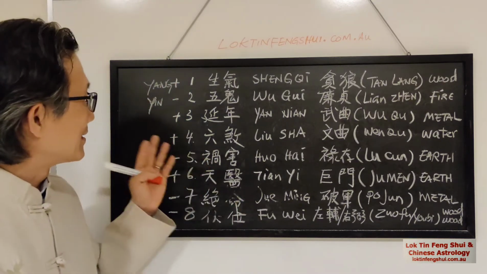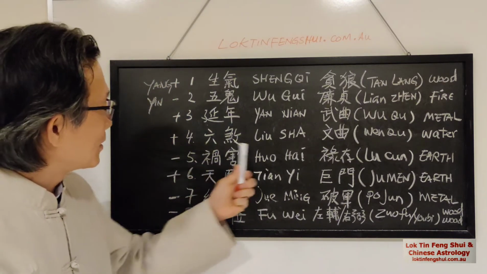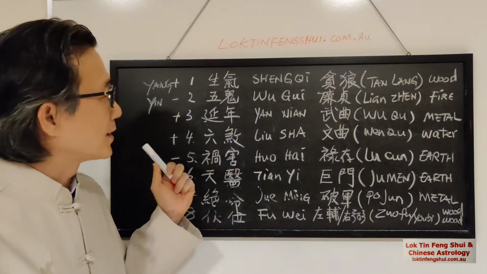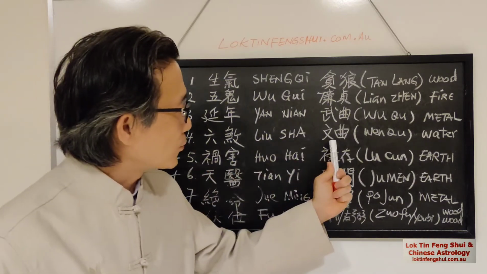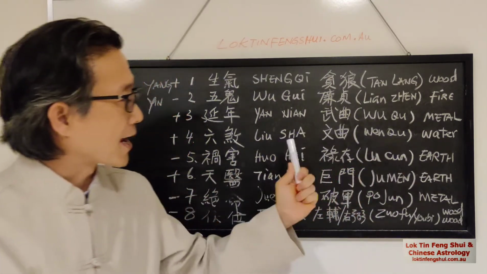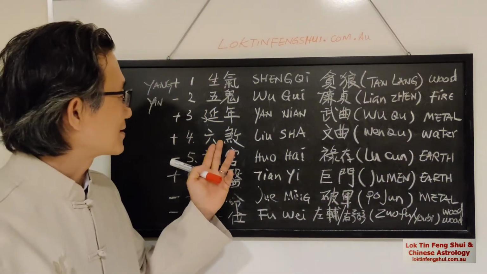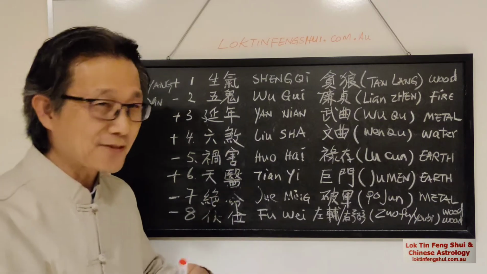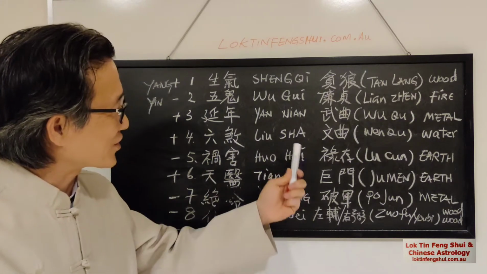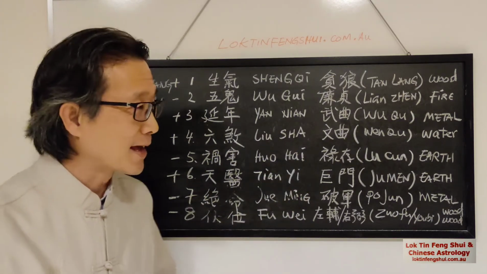The 4th one is called the Liu Sa, Lok Sa. Liu Sa is the Wen Qu, Man Kok, Wen Qu, and that is water. As you listen, if you know English, the Sha is also not so good.